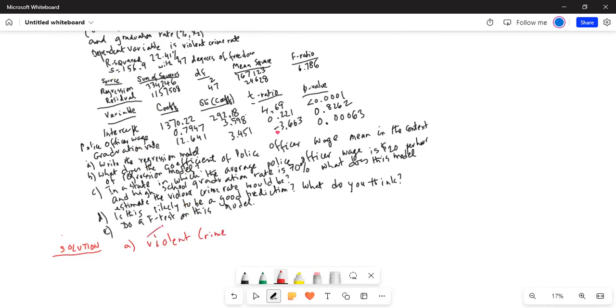Because it is predicted, I put a hat on top of it. Is equal to, from the second table, the intercept is 1370.22 plus the coefficient for police officer wage is 0.7947 times police officer wage.